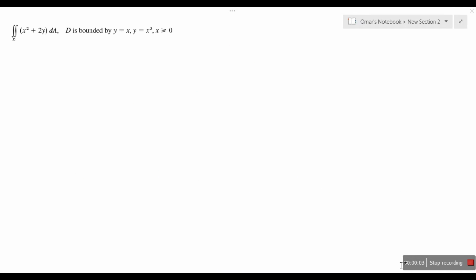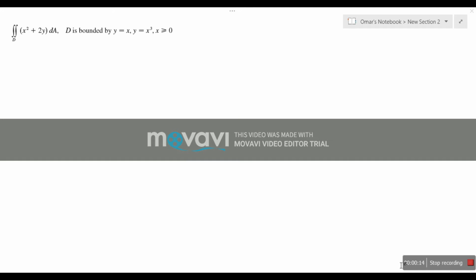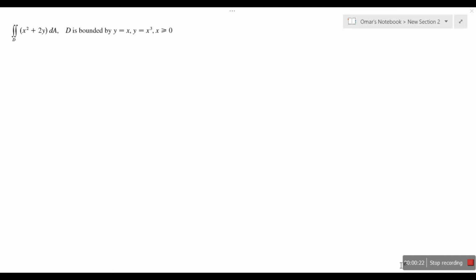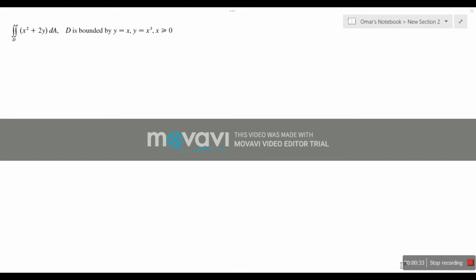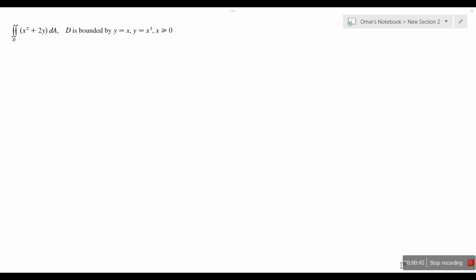And also, there's an example from the book. So let's be careful and see what the example is asking. Now, they want us to evaluate the double integral over region D of x squared plus 2y dA, where the region D is bounded by y equals x and y equals x cubed, with x greater than or equal to 0.